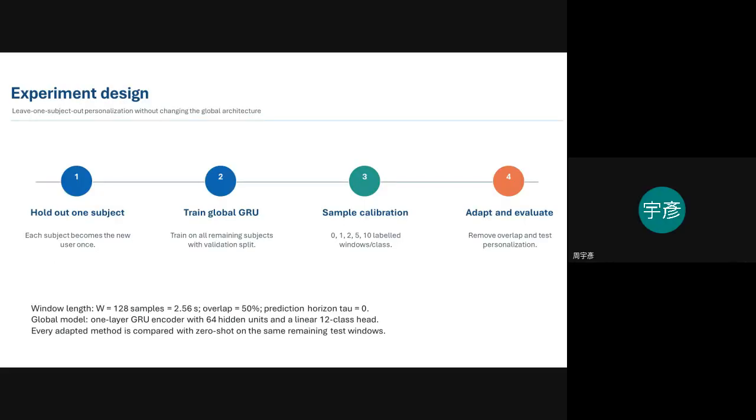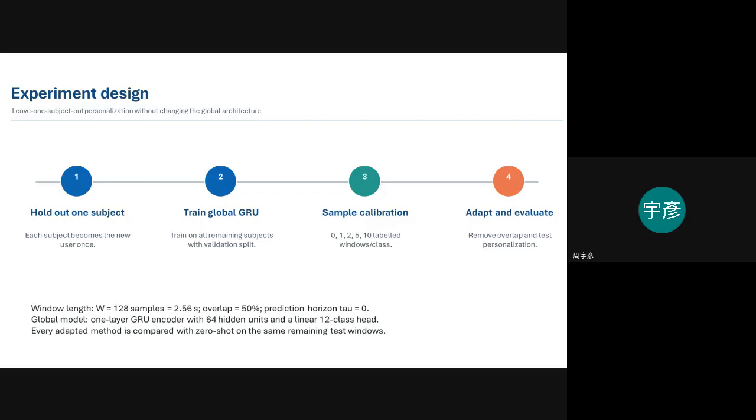This slide shows the overall experiment design. We use a leave-one-subject-out protocol. This means that each subject is treated as a new unseen user once. For each round, we hold out one subject for testing, and we train the global model using all other subjects. The global model is a GRU-based sequence classifier.